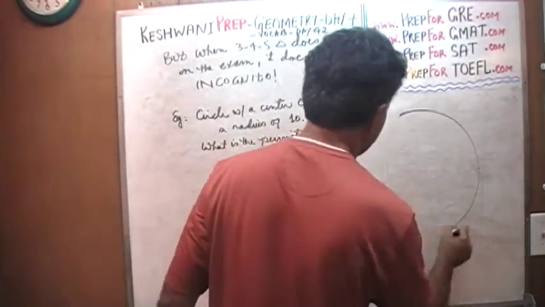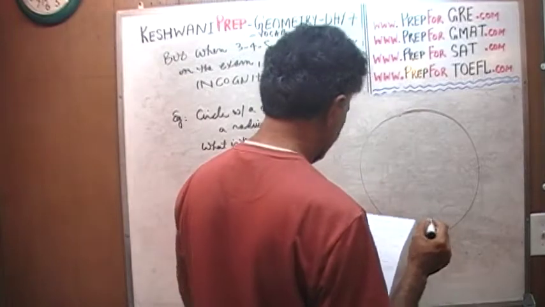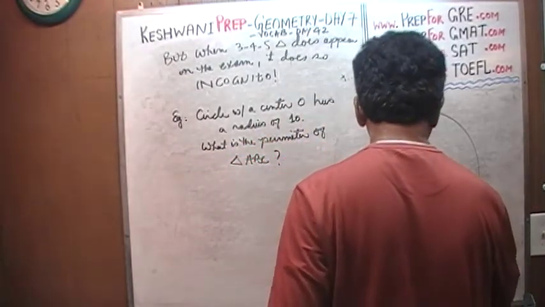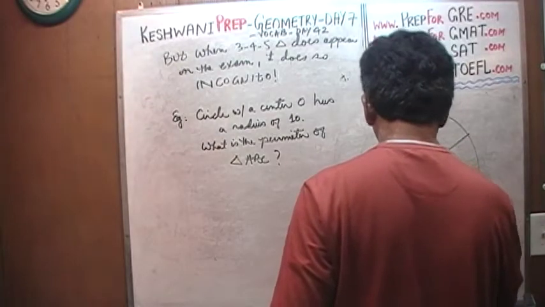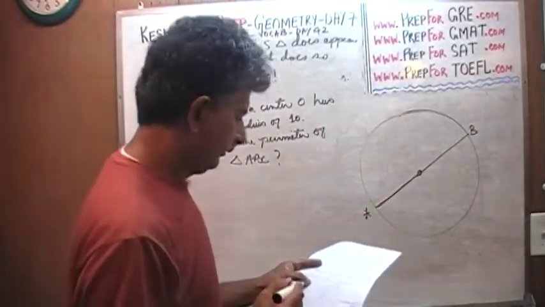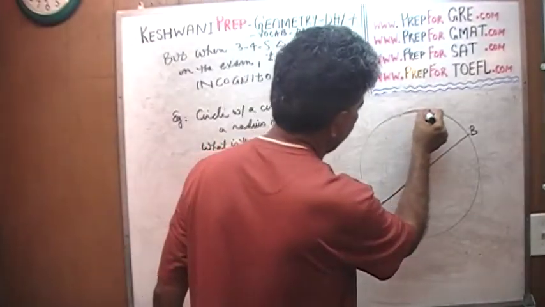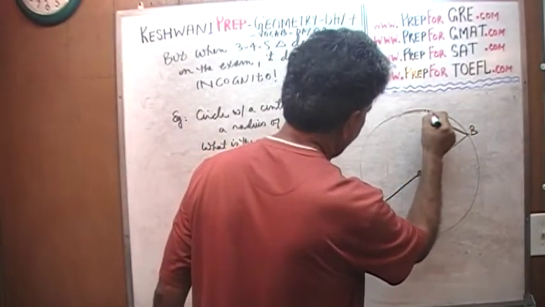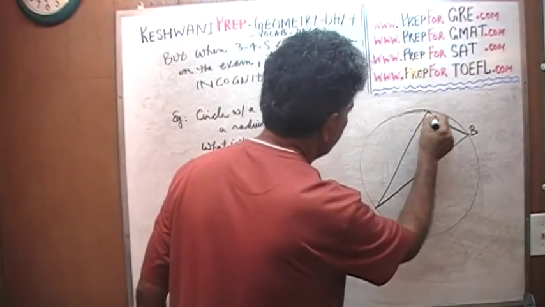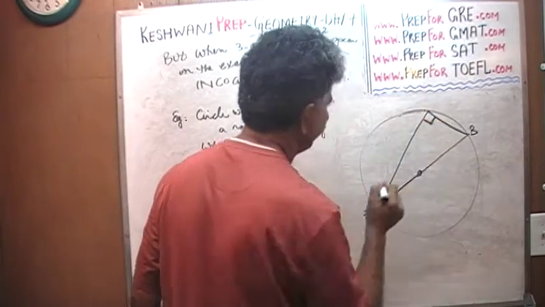Here is your circle that is given. Here is the center. A to B is shown as a diameter. And then they give you something like this. And we are told that this is the right angle.